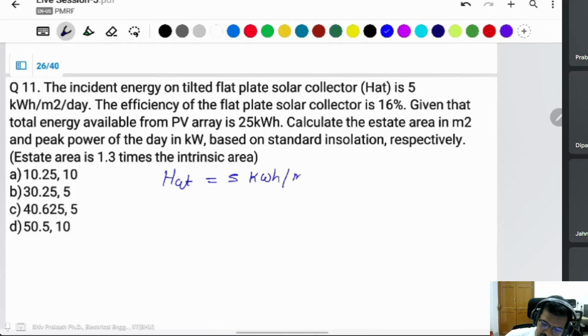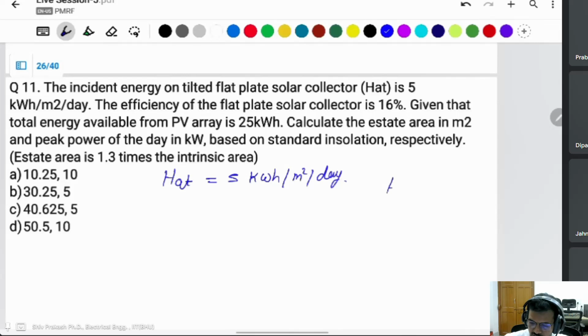HAT means the incident energy on the flat plate collector considering the effect of the atmosphere. This is known as the HAT.